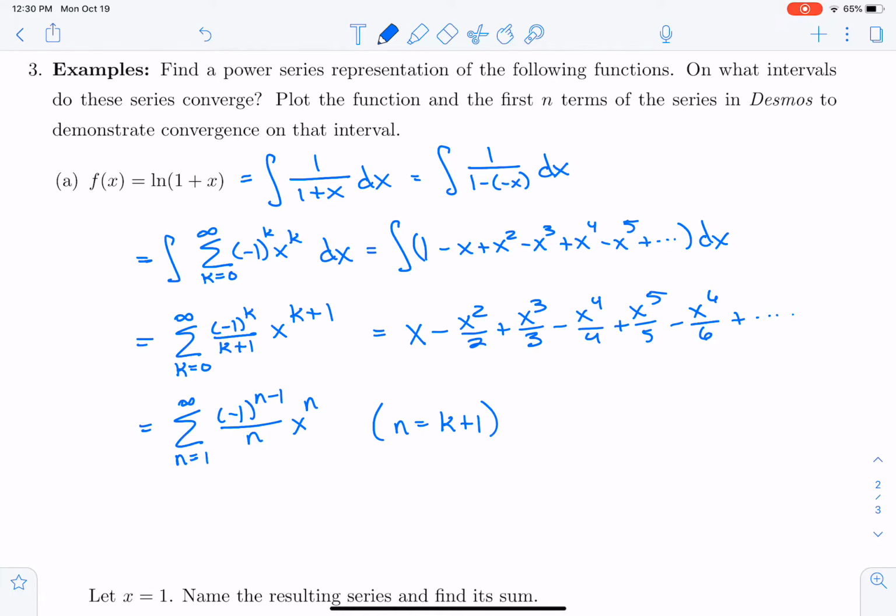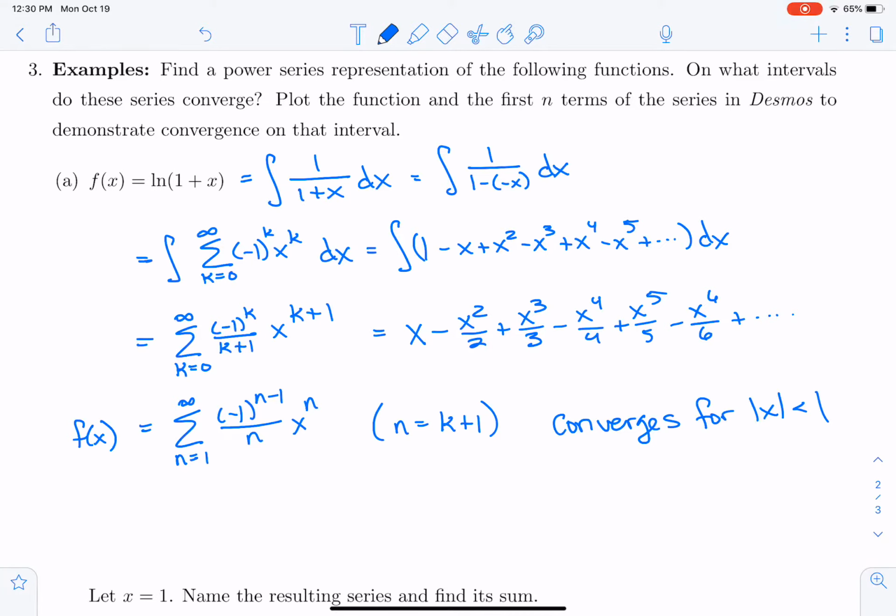So what I'm saying here is that natural log of 1 plus x can be rewritten as this infinite series, and I can say that it converges for the same radius of convergence as my geometric series. And so that's for x less than 1 in absolute value.